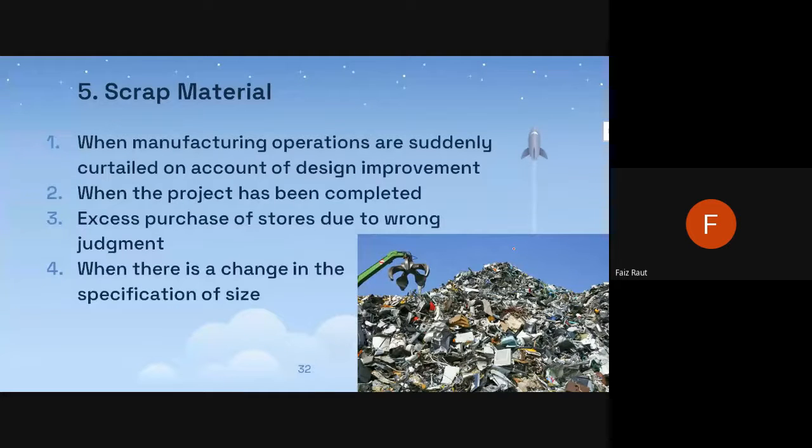You just need to remember the names of what they are telling, and you can write it on your own as well. Okay, this is obsolete surplus. Obsolete is a good material but the technology has changed, or the planning has not been done properly, or there might have been a communication issue.